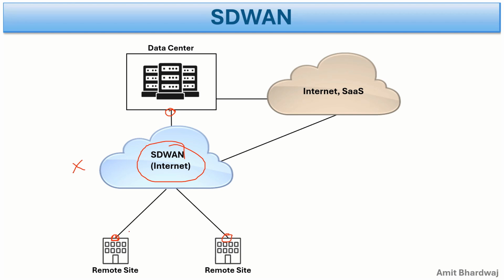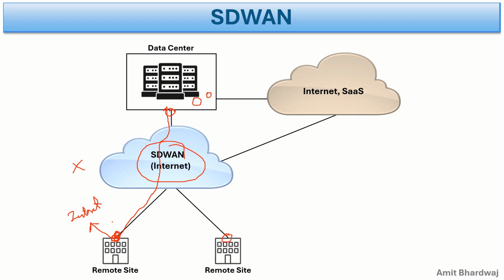Now, regarding the challenges which were faced by the traditional WAN, for internet browsing also the remote site had to come to the data center, but not now. Here, local breakout for the internet is possible, and only the traffic which is for application access is sent via the SD-WAN towards the data center.